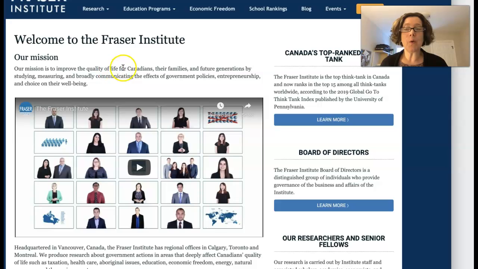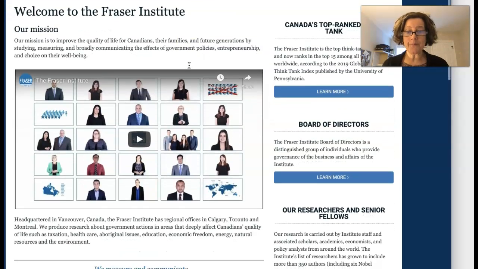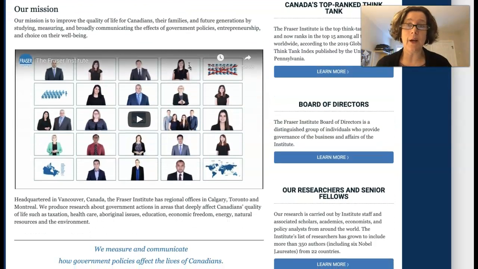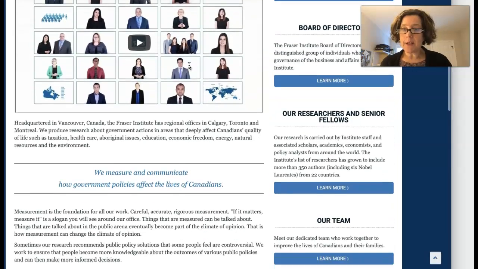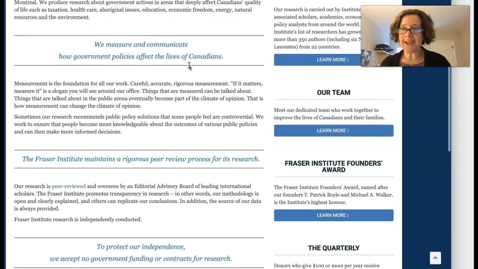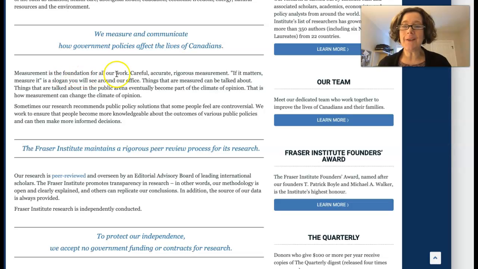Our mission is to improve the quality of life for Canadians, their families, and future generations by studying, measuring, and broadly communicating the effects of government policies, entrepreneurship, and choice on their well-being. So it's not just education; it's a whole round, basically around government mandates. So I want to read you this. Measurement is the foundation for all our work.